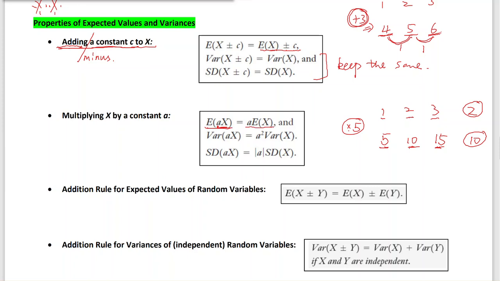So the expected value of 5, 10, and 15 will be just 5 times the expected value of the original x. So this is the multiplication. Now what happens to the variance?